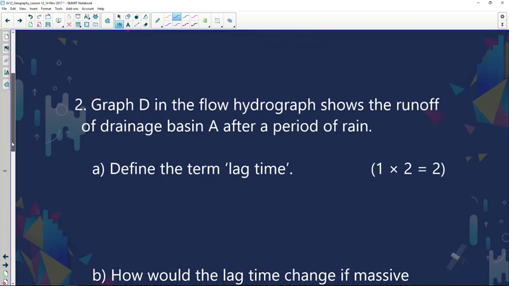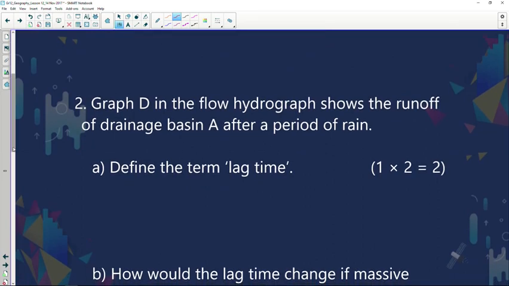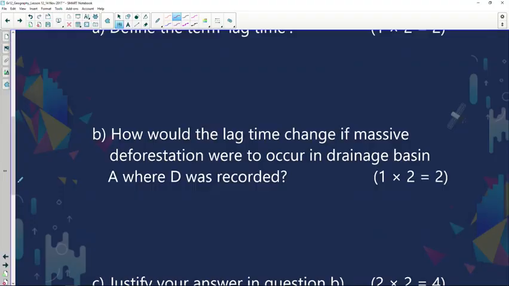Now we looked at our hydrograph. Lag time is when peak flow is being reached, when most of the amount of rain has fallen. Now, how would the lag time change if massive deforestation were to occur in drainage basin A, where D was recorded? Very simple. Now, deforestation is removing the vegetation.